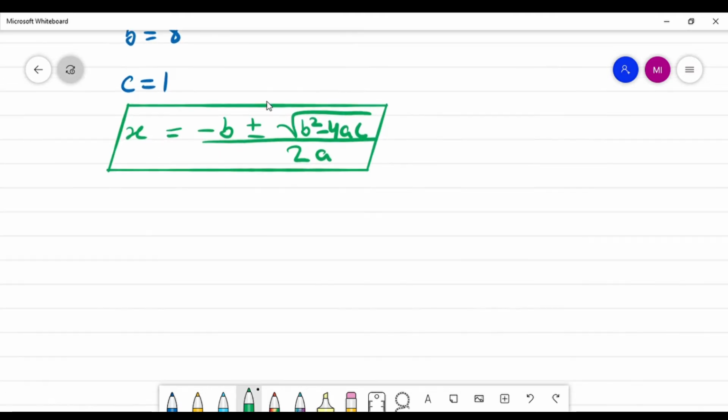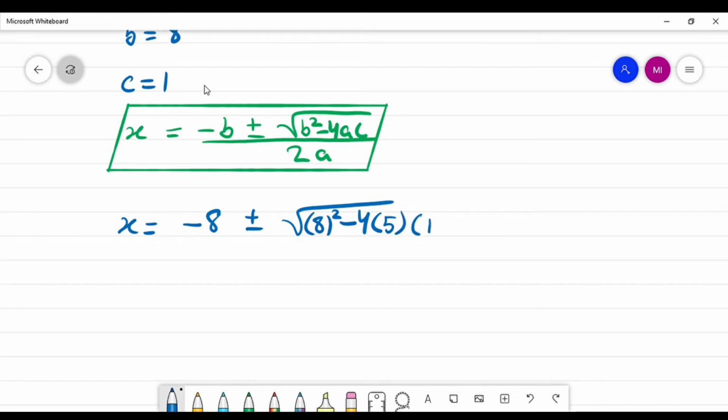And now we're going to put the values into this formula. So x is equal to negative 8 plus minus under root of 8 squared minus 4 into a is equal to 5 into c is equal to 1, divided by 2 into 5 because a is equal to 5.